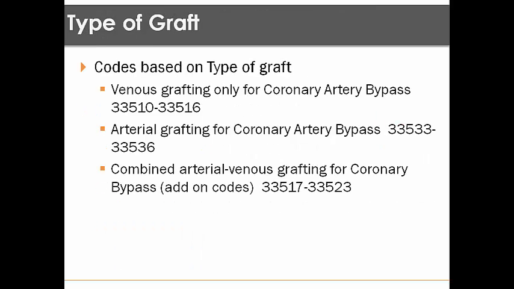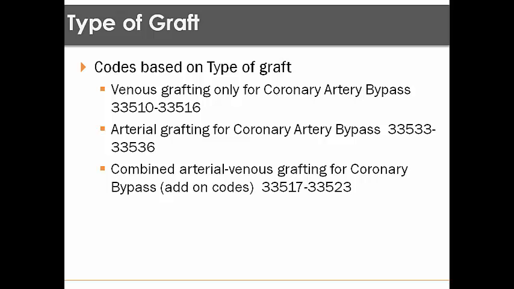The type of graft, codes are based on the type of graft. Venous grafting is only for coronary artery bypass procedures, 33510 to 33516, and arterial grafting for coronary artery bypass, 33533 to 33536.